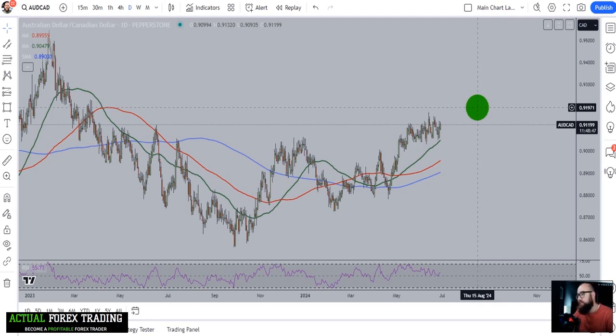Tax on profits. Okay, so I've been asked what tax I pay and how you pay tax. What tax are you liable for on Forex profits? It really depends on where you are in the world. So I'm here in the UK. Capital gains tax is generally the tax you would pay on things like stocks and shares, but Forex is a bit different in the sense that you can open things like spread betting accounts, which is tax-free.